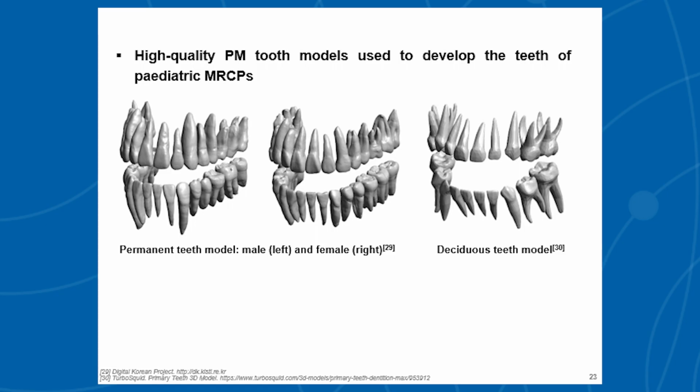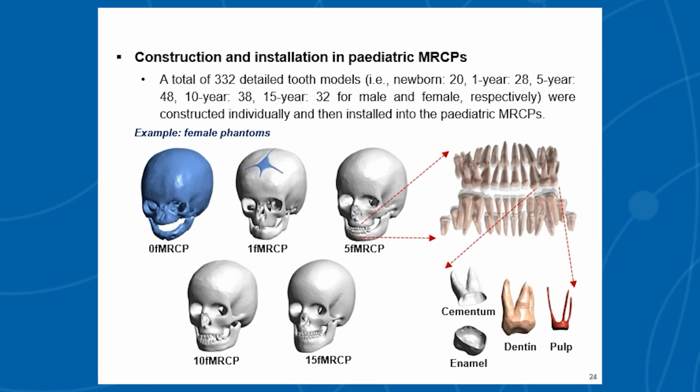These models were properly combined and used according to each age. This slide shows the developed tooth models installed in the phantoms. As you can see, these models reflect age-dependent eruption and include detailed tooth tissues such as cementum, enamel, dentin, and pulp, all realistically defined for each tooth.